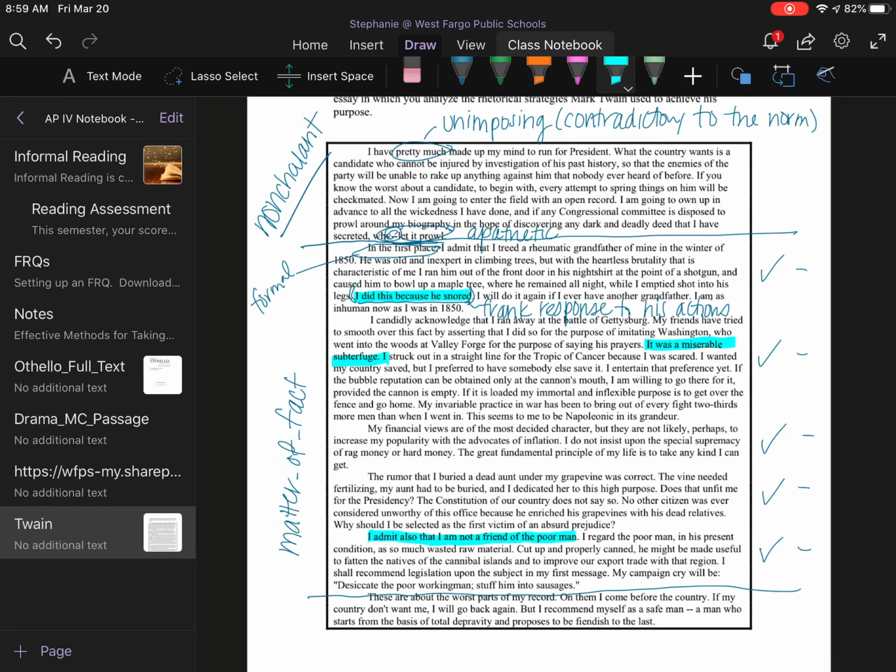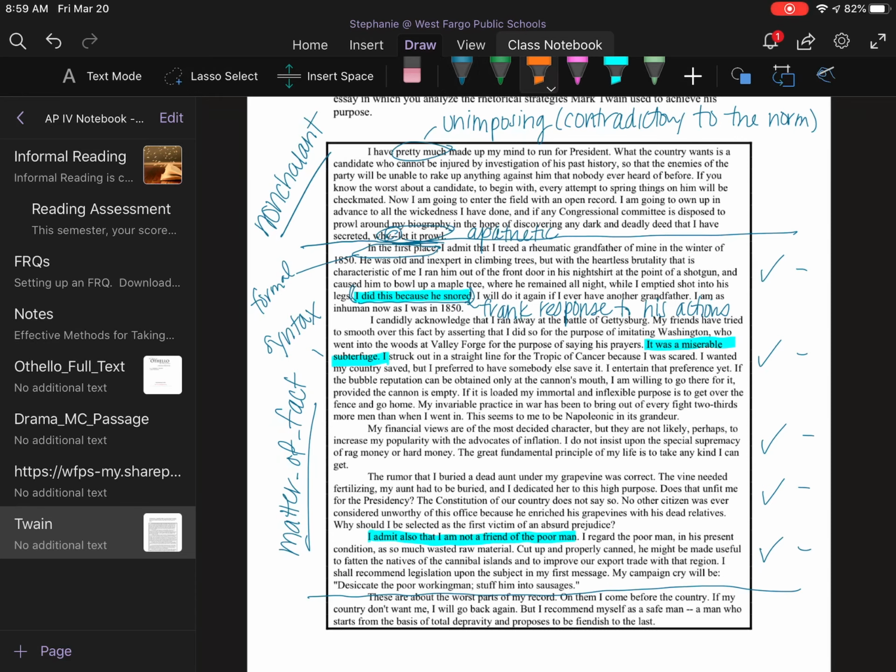I admit that also I have no friend to the poor man. So there's a use of syntactically short sentences. And short, frank, simple sentences are often a way of building that matter-of-fact tone because it's not flowery, it's not embellishing. So that's another way we could talk about syntax and how those short sentences are creating a matter-of-fact tone.